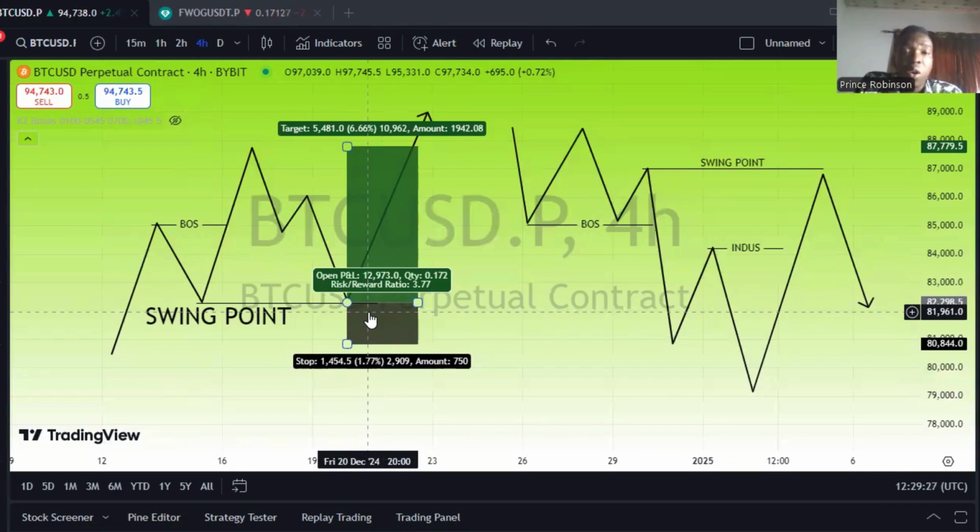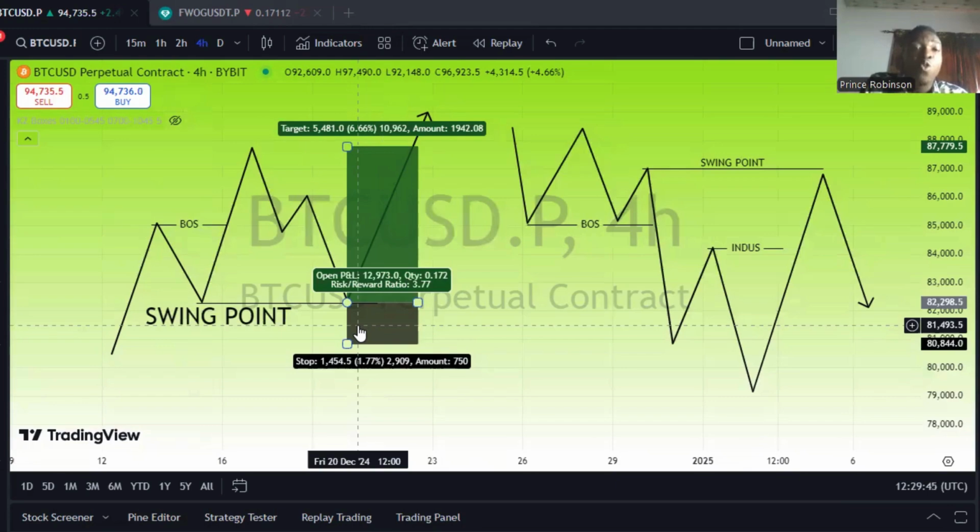You understand? Or maybe a tapping, or even a pin bar. All right. So this is how to identify swing points. Very, very easy. There are no tools about it. So straightforward. Can't you see how easy it is for me to explain it? This is the same way you also see it on charts.